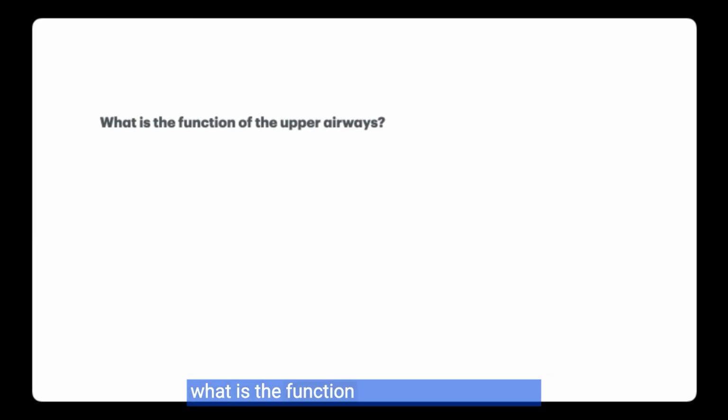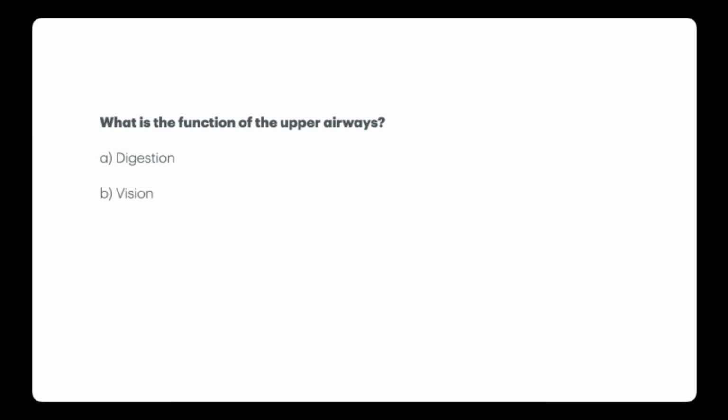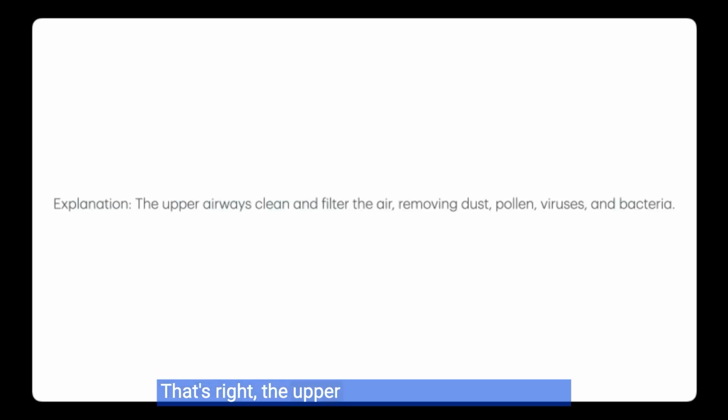What is the function of the upper airways? That's right. The upper airways clean and filter the air, removing dust, pollen, viruses, and bacteria.